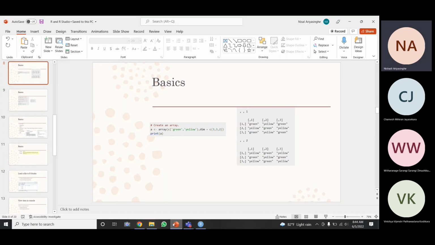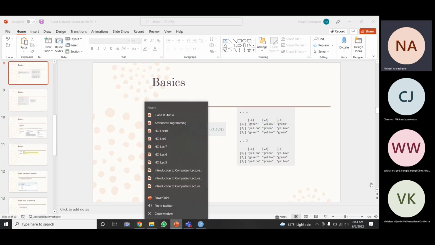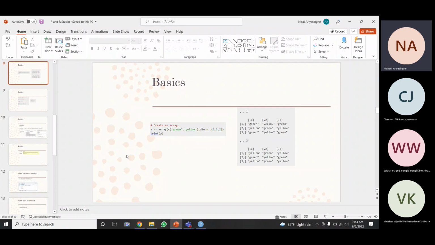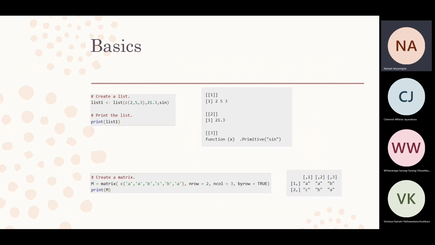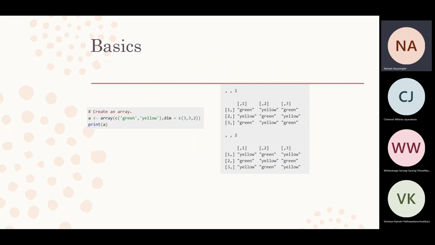So last week we talked about the very basics, like creating variables, lists, and arrays. Basically in R, we use vectors, lists, matrices, and arrays. Those are the main storage locations.